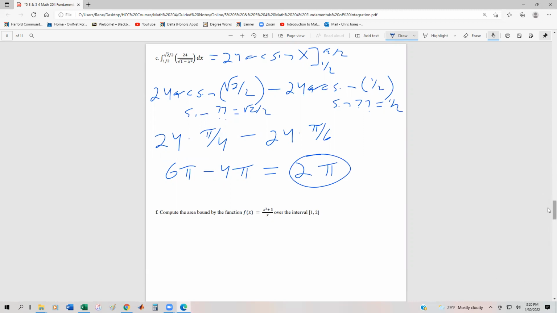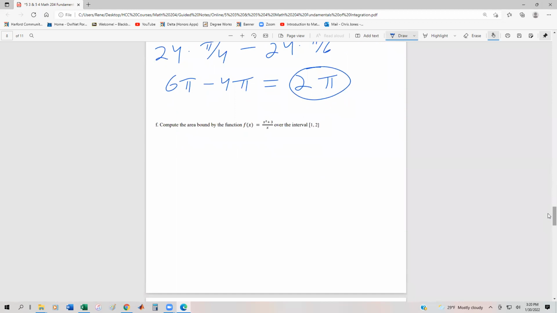Last thing we want to do, at least for this part of our video, is compute the area bound by the function x squared plus 3 over x on the interval from 1 to 2. So that's just an integral from 1 to 2 of x squared plus 3 over x dx. We're going to split this up into two smaller fractions since we're dividing by a monomial.